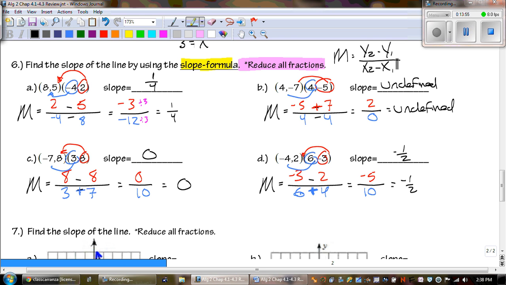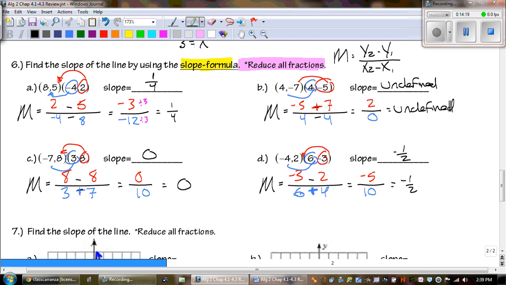Okay, and there we go. So just remember that it's y2 minus y1, so we had negative 5 plus 7. Negative 5 plus 7 is 2. And then on the bottom, we have 4 minus 4. 4 minus 4 is 0. Now we have to reduce all of our fractions, and 2 divided by 0, can't do that, that's undefined.